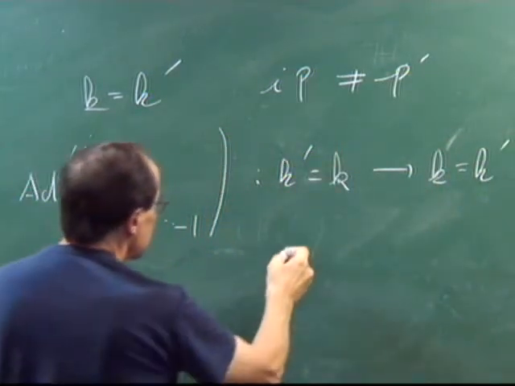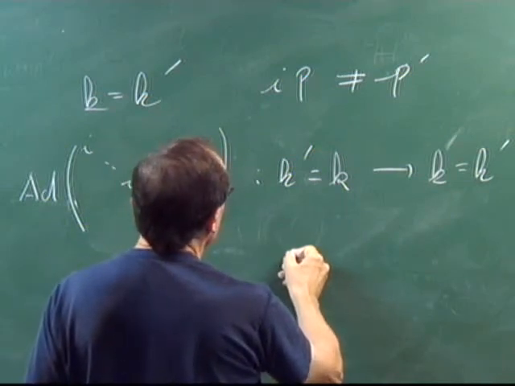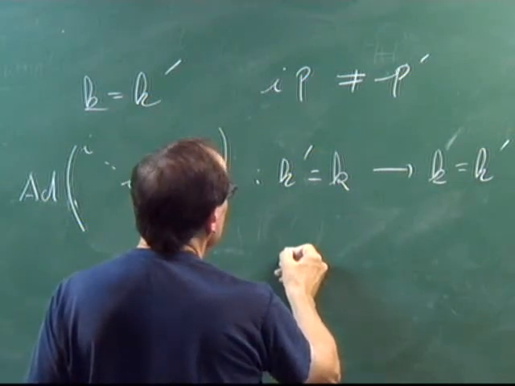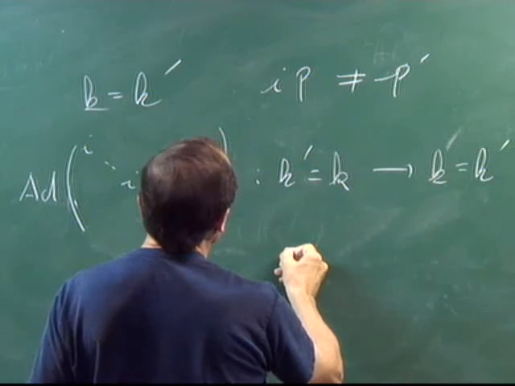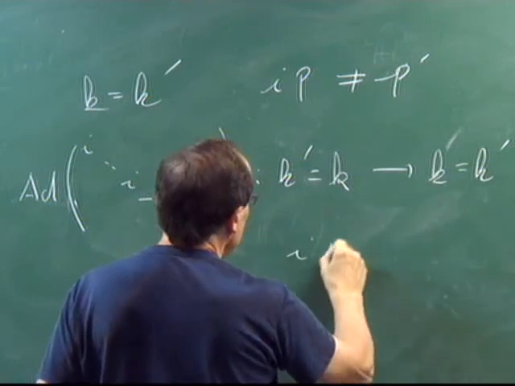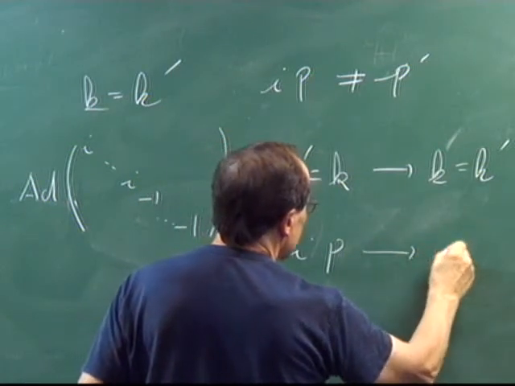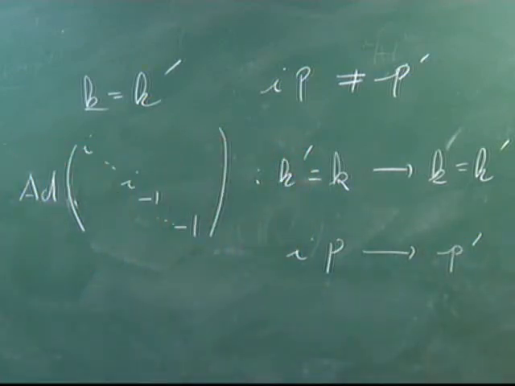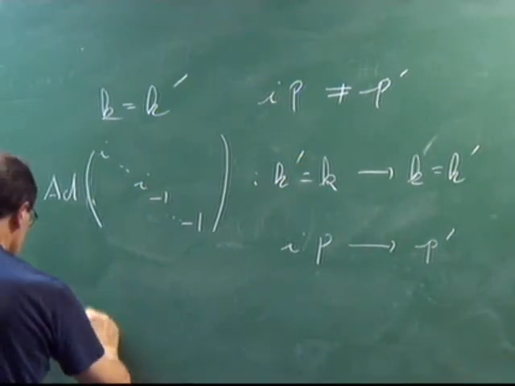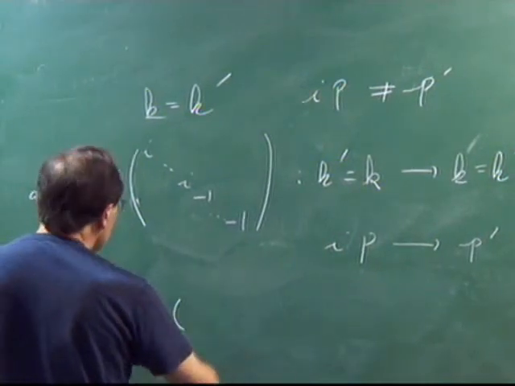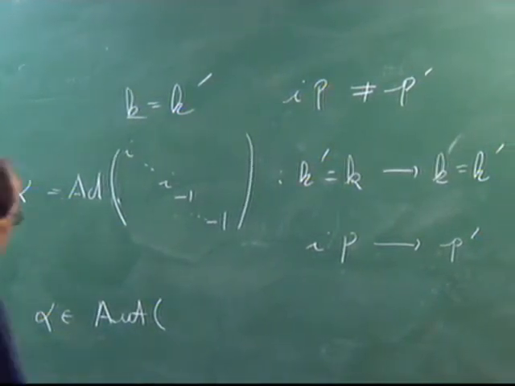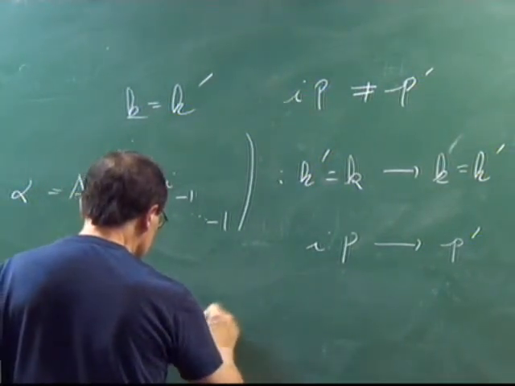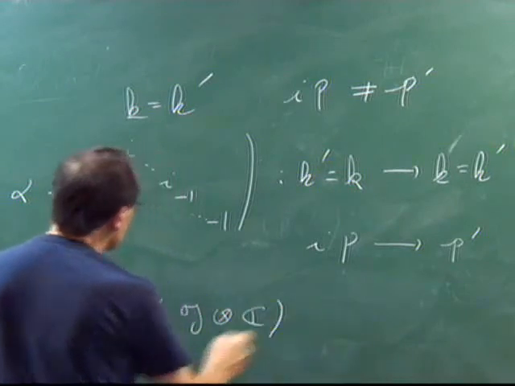And it takes IP to P prime. So if I call this alpha, I claim alpha is an automorphism of the complexification.